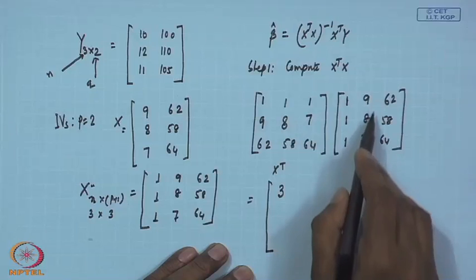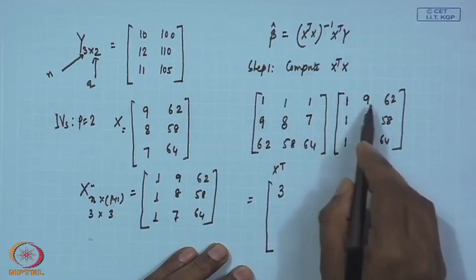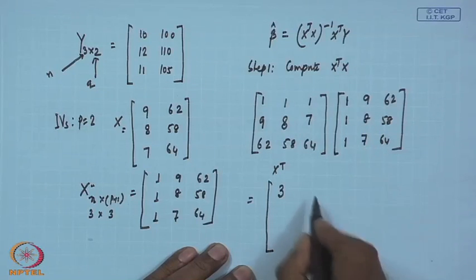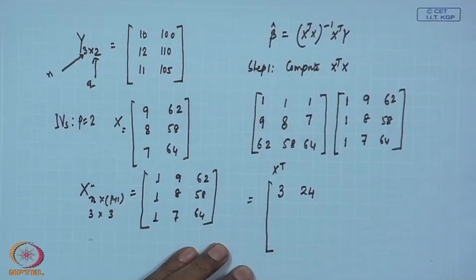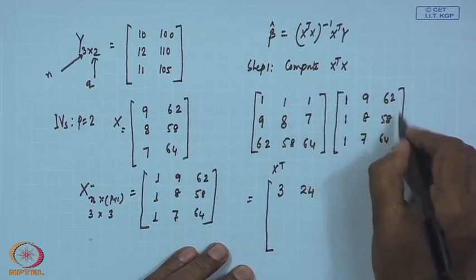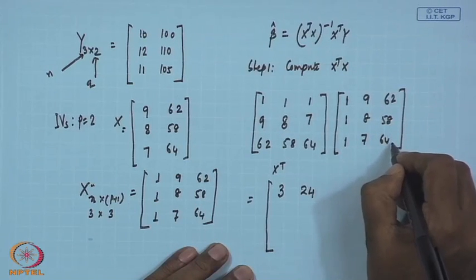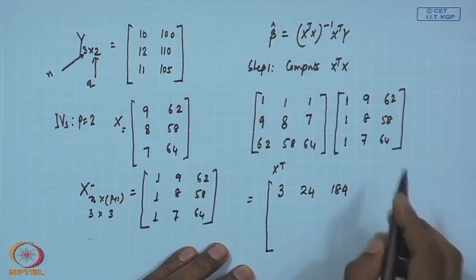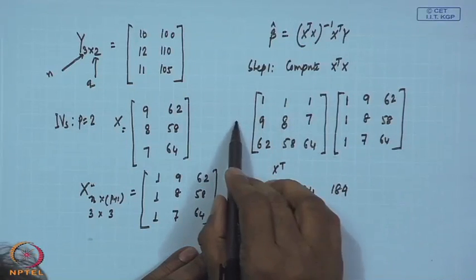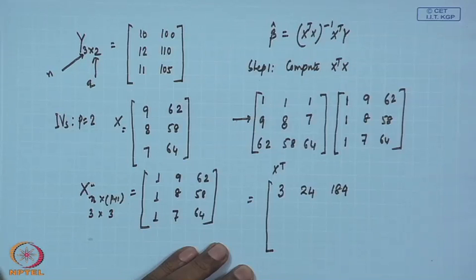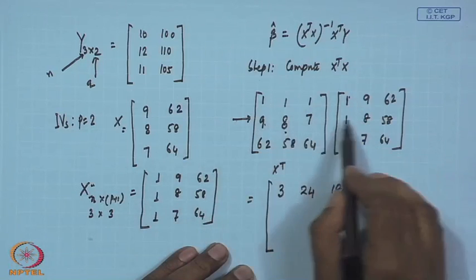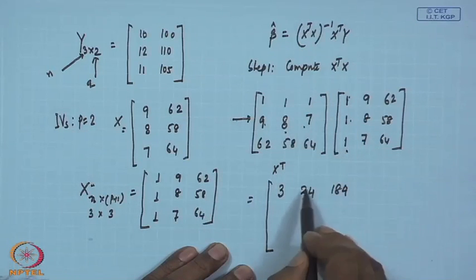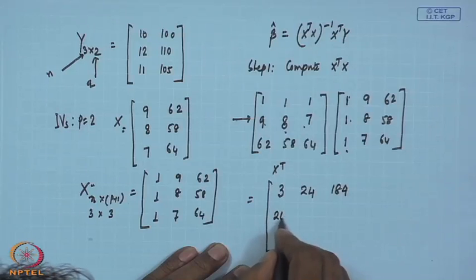Similarly, 1 1 1 into 9 8 7: 9 plus 8 plus 7, this will be 24. Similarly, the third one is 62 plus 58 plus 64, this will be 184. Now consider the next row: 9 into 1 plus 8 into 1 plus 7 into 1, which is nothing but 24.